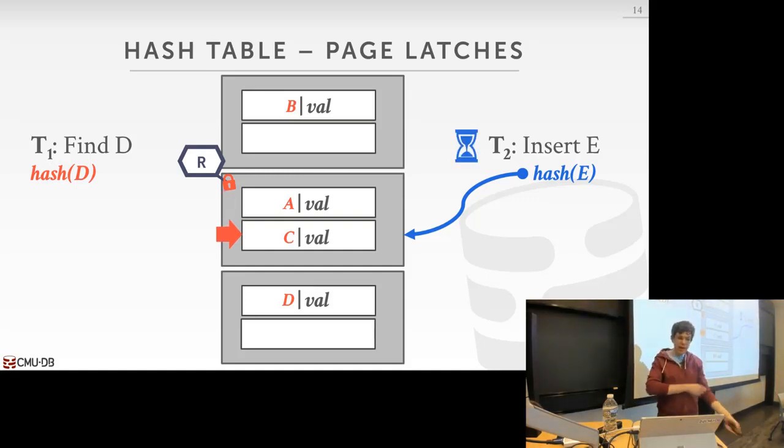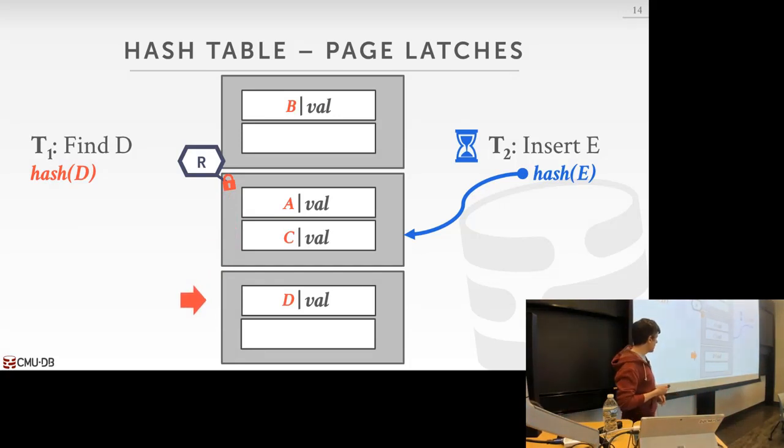So the first thread scans down, looks at C, and now needs to look at the next page. The way we figure out what page to look at is we look in the header for the hash table, which says here are all the pages you're looking for. Logically they're ordered sequentially, like page 0, page 1, page 2. So you look in the header and ask, where do I find page 2 for my hash table?